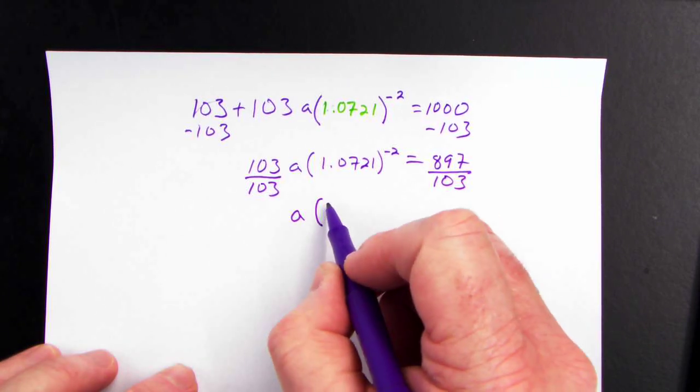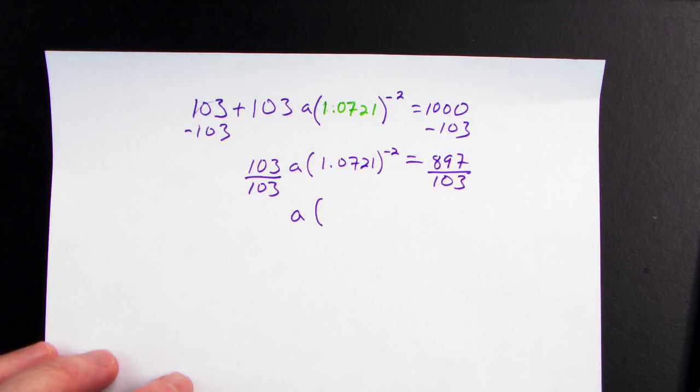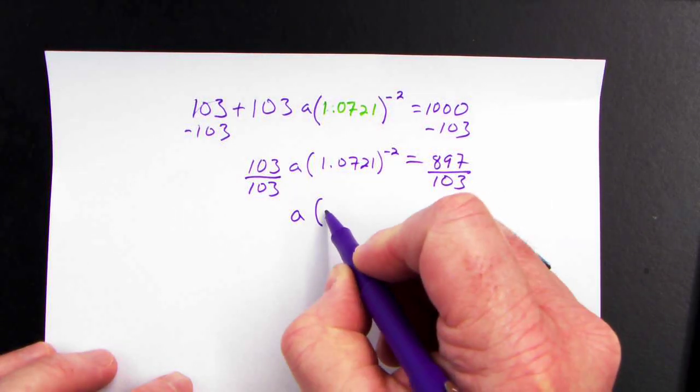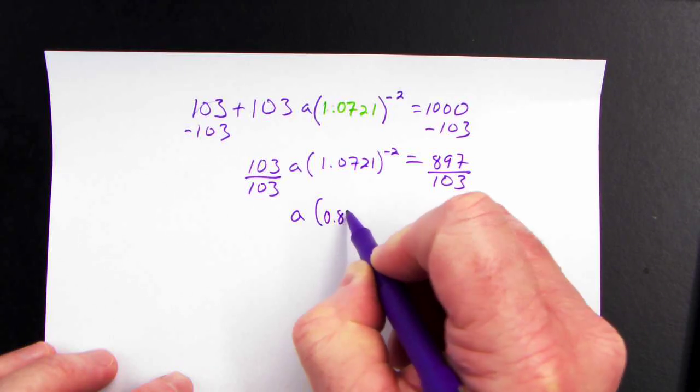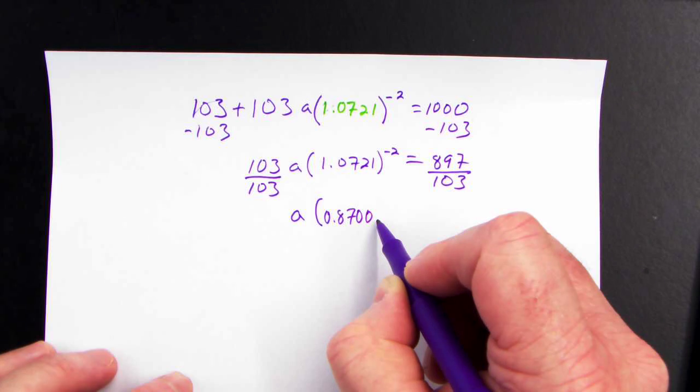A times, and if you want, you can punch this into your calculator. And we get a decimal of about 0.870.